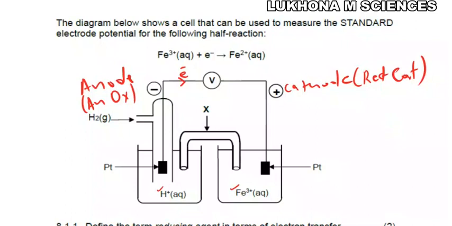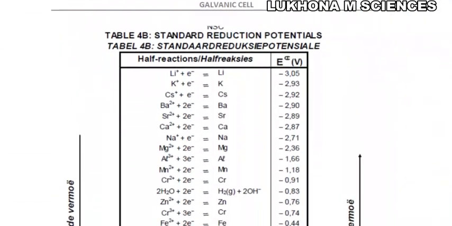Okay, now we're going to use the table to write the half reaction at the anode and the half reaction at the cathode. Let's go to the table. We are going to use table 4B. As you can see, this is 4B. Then what we are going to do, we are going to write using the anti-clockwise direction.